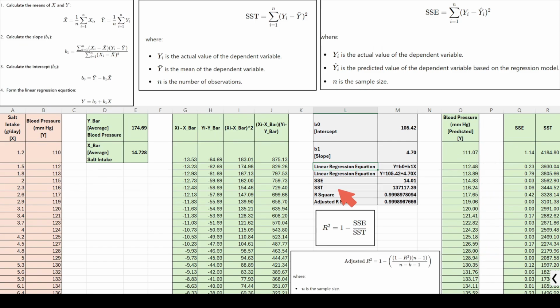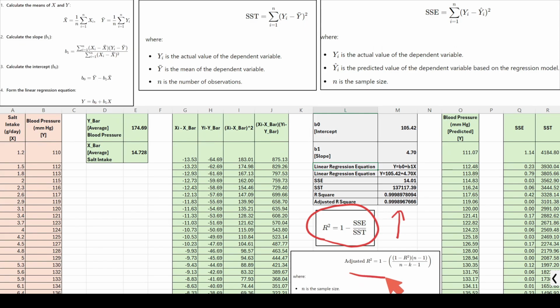Next, to figure out how well my linear regression model is performing, I need to figure out the values of r square and adjusted r square. Over here the difference between r square and adjusted r square is that in case of r square, if we include any irrelevant independent variable, its value is going to go upward, meaning it will increase.